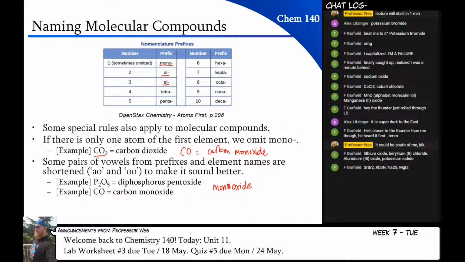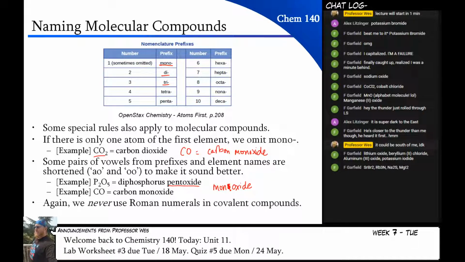So, we get rid of the first of those two paired letters. Or in other words, you get rid of the last letter on the prefix. So mono becomes mon, and then we get monoxide. So here I have pentoxide instead of pentaoxide, so I don't have to have an extra syllable. This generally only comes up with oxygen, but there are a lot of oxygen compounds out there, so you know.